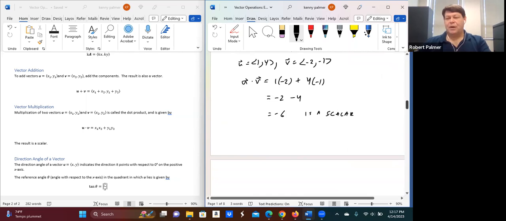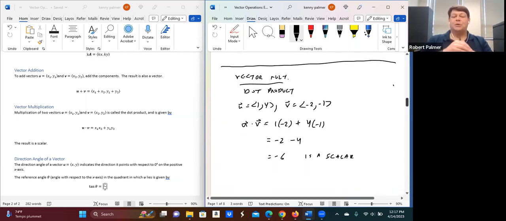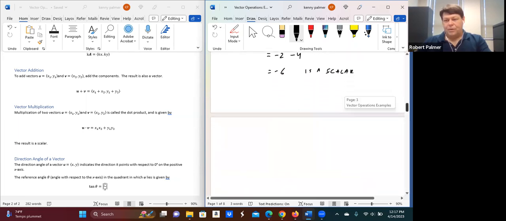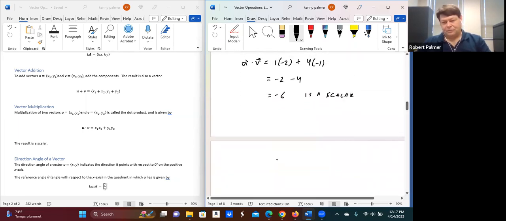So this is a different kind of vector multiplication, once again what's called a dot product. Okay? Now, what is the dot product used for? Well, imagine we have a pipe or something like that here.